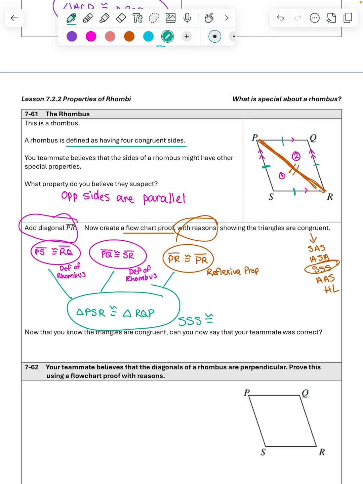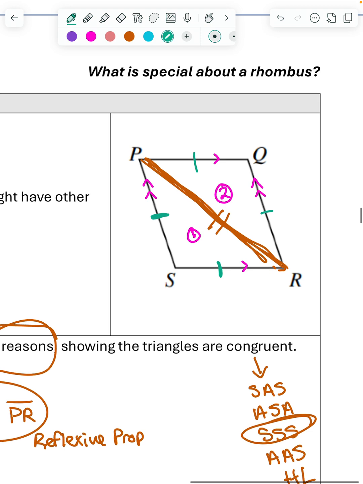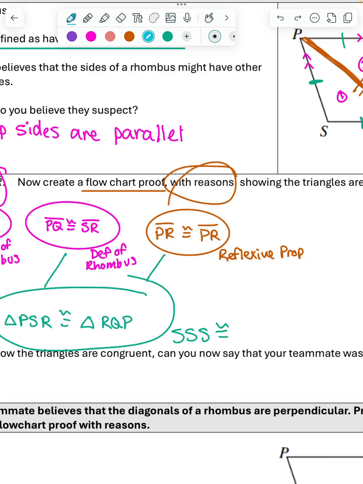Are these opposite sides parallel? Well, we can look at the angles here. If these triangles are congruent, it means their angles are equal too. So we've got equal angles, alternate interior angles, which we know if alternate interior angles are congruent, then the sides are parallel.